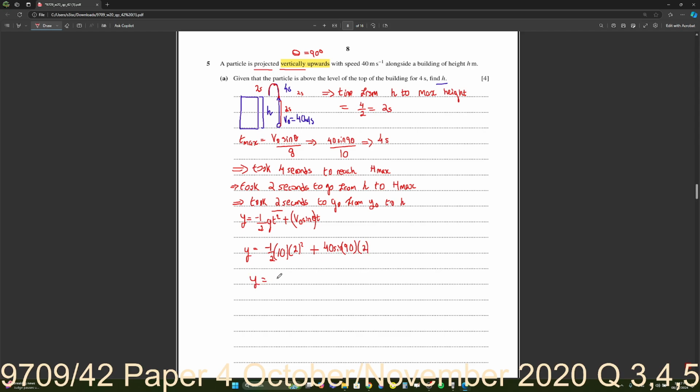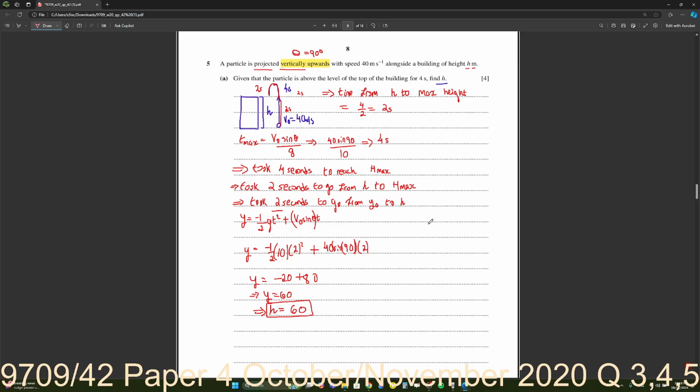So you're going to get y is equal to minus 5 times 4, minus 20, plus 40 sine 90 times 2, let me put sine 90 in brackets, is 80. So therefore, y is equal to 60. Therefore, h is equal to 60. No, they said h meters, so h is just equal to 60.